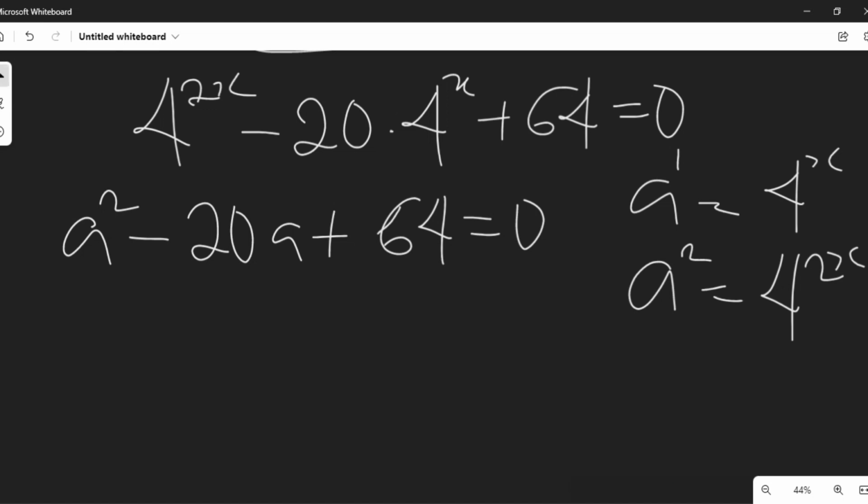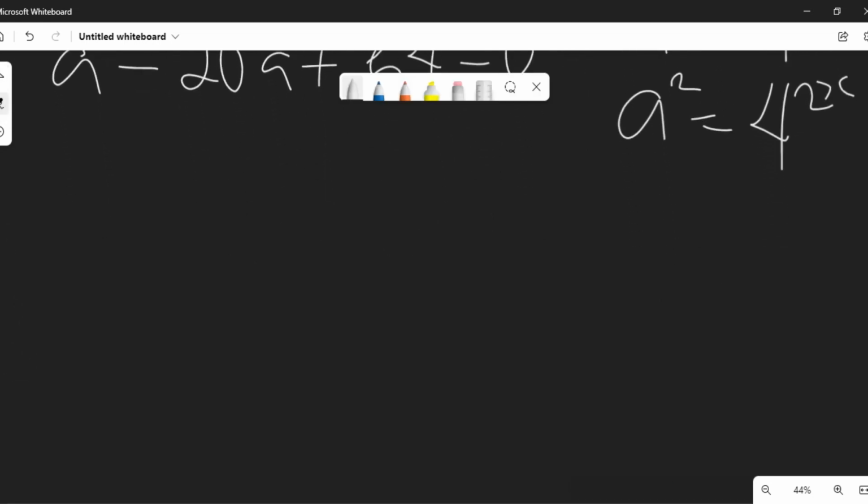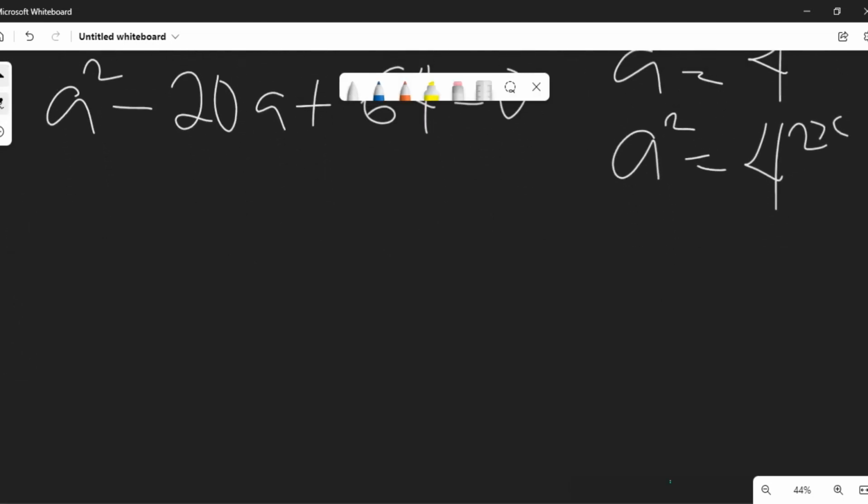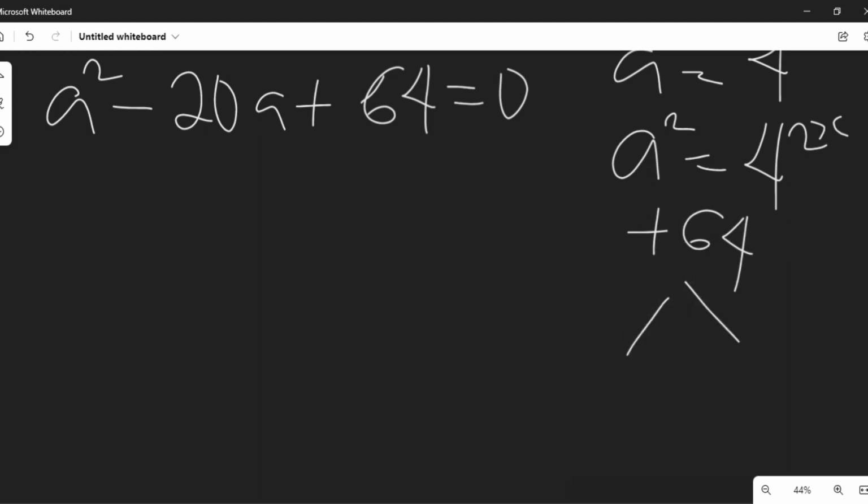So what we need to do is to find two values that we can simplify that will give us plus 64. What are the two values? If we find two values, we're going to have minus 16 and minus 4.